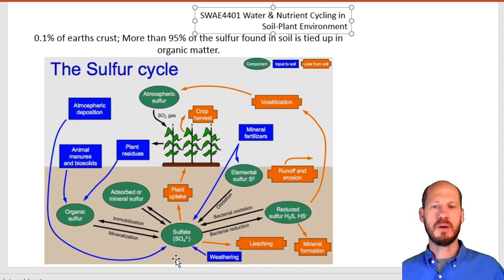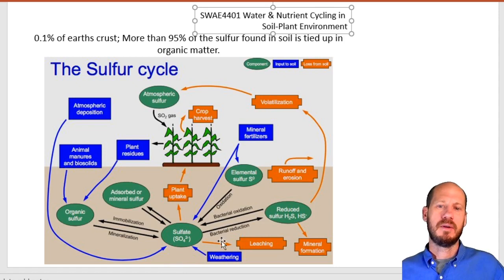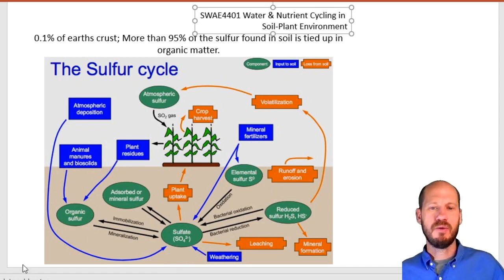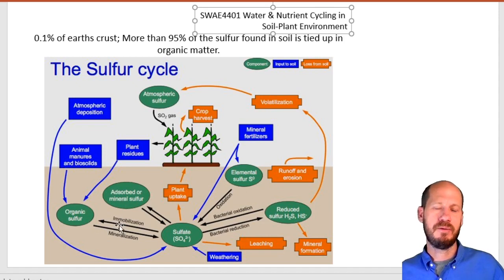Some of the sulfate, if you have reducing conditions, can be transformed into elemental sulfur, or be emitted as a gaseous form to the atmosphere as hydrogen sulfide. The sulfate molecules can also be leached, and the sulfur can be taken off from these fields through plant tissues, and also by erosion.